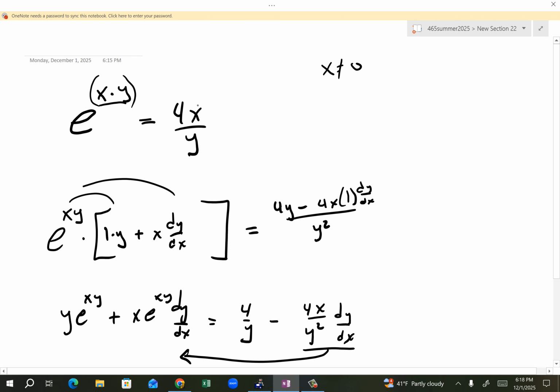Obviously, y can't be 0 because if y was 0, then you'd be dividing by 0, and that is a problem. Furthermore, x and y could both be negative, but you couldn't have one negative and one positive because this would be a negative number, and e to any power is always going to be positive. Does that make sense?